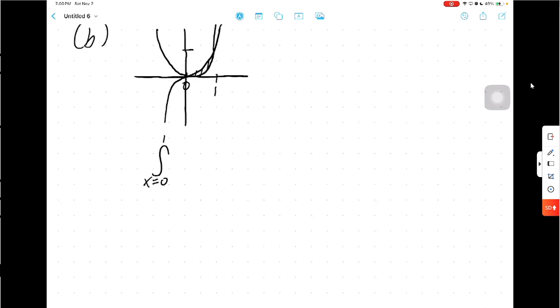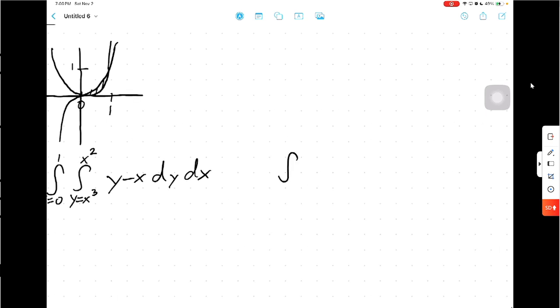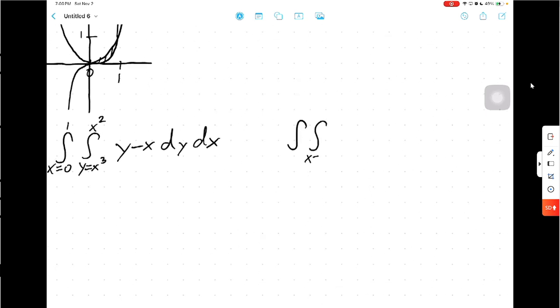The integral from 0 to 1, and y goes from x cubed to x squared, of y minus x, and then dy dx. And then the other setup, which has x equal to the square root of y and x equal to the cube root of y, with y being from 0 to 1.